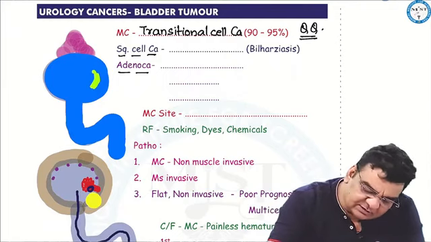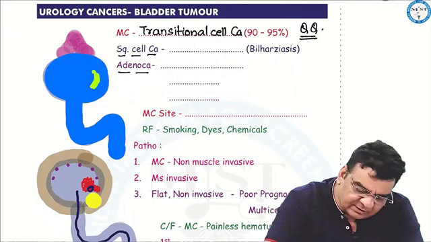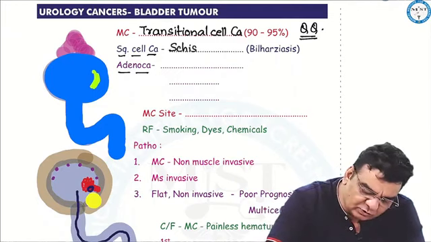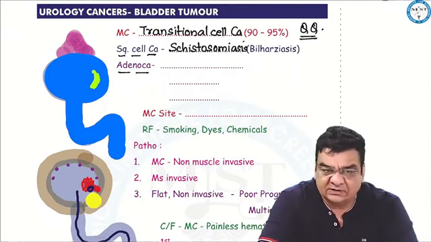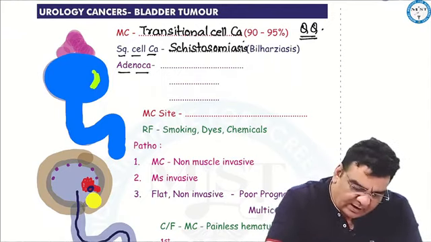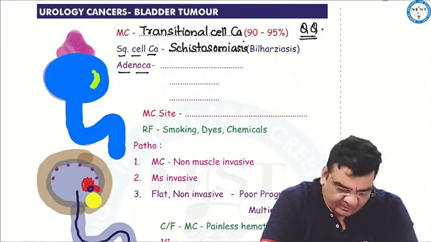Now, squamous cell carcinoma can be associated with a parasitic infestation inside the bladder, that is schistosomiasis, which is also called bilharziasis. Adenocarcinoma in the bladder ideally should not be found because there is no columnar lining.